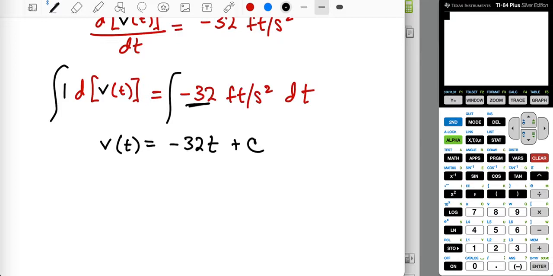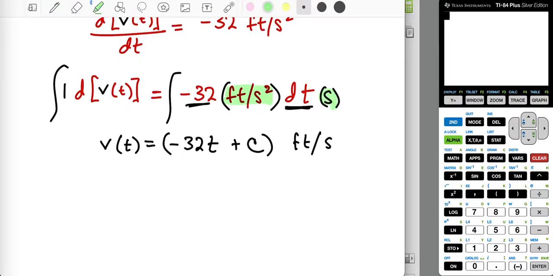All right, now the units are going to be feet per second. Because if we take feet per second squared and multiply it by some change in time, which would be measured in seconds, feet per second squared times seconds is going to be feet per second.